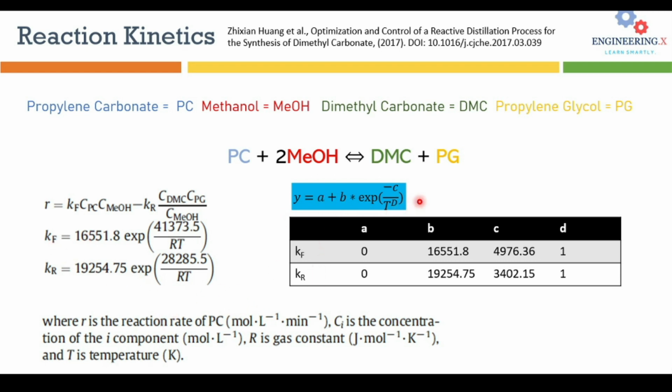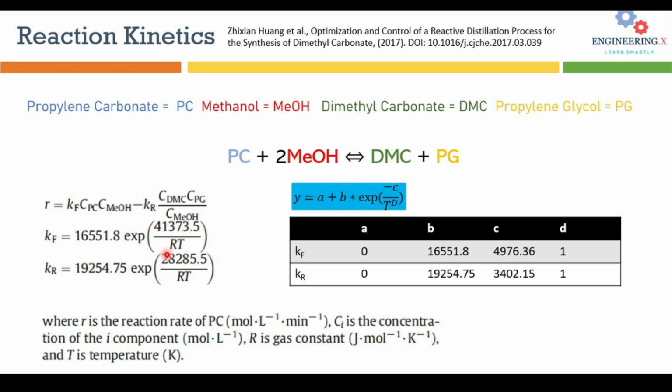So that's why I write the equation form here. The coefficient A is 0 for both forward and reverse reactions, and coefficient B is this one, these numbers you can see here, and the coefficient C is this number, but there should not be the gas constant.